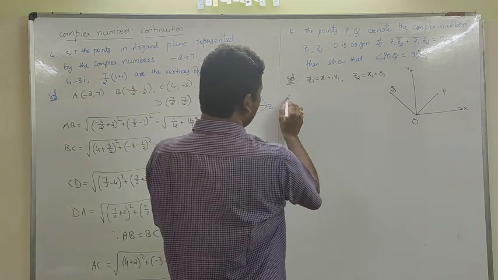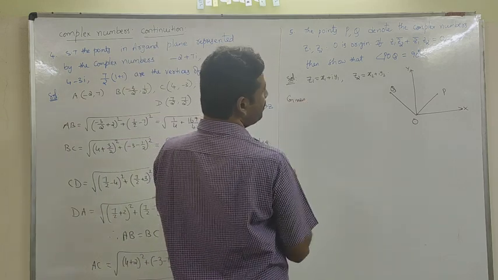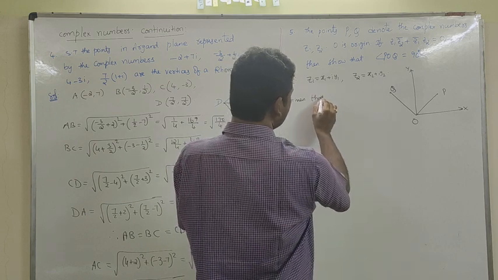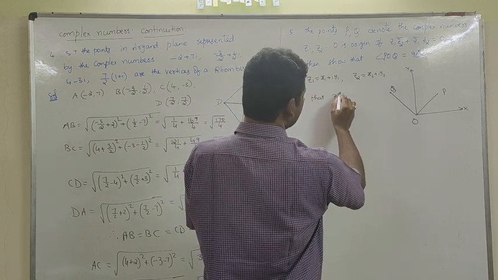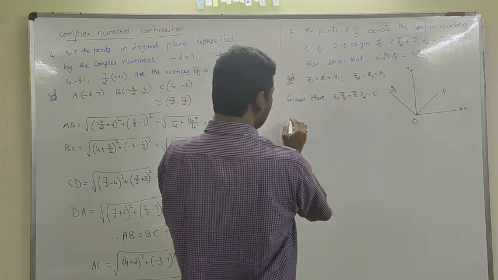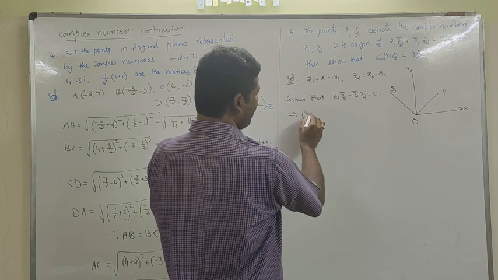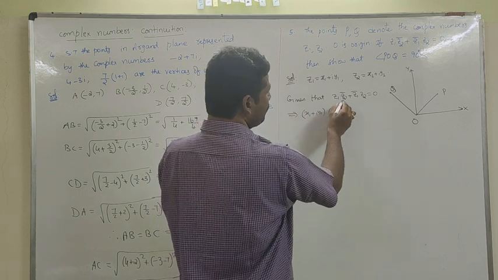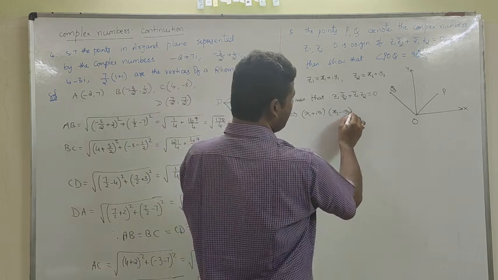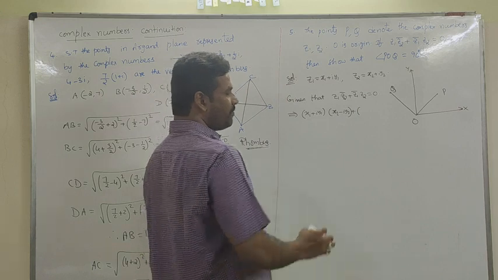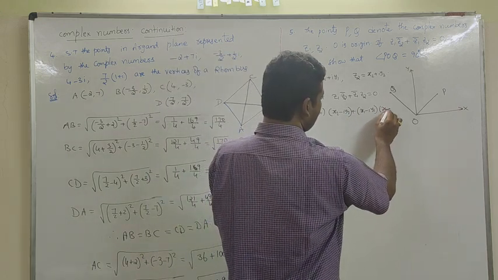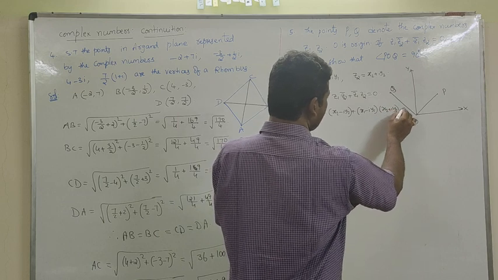What is Z1 Z2 bar? The given condition is Z1 Z2 bar + Z1 bar Z2 equals 0. What is that in place? (x1 + iy1)(x2 - iy2) + (x1 - iy1)(x2 + iy2) equals 0.